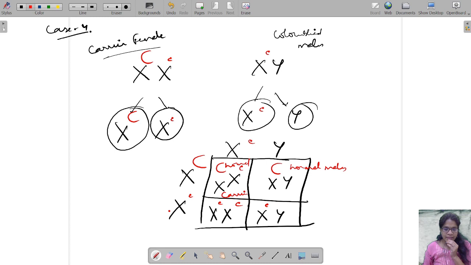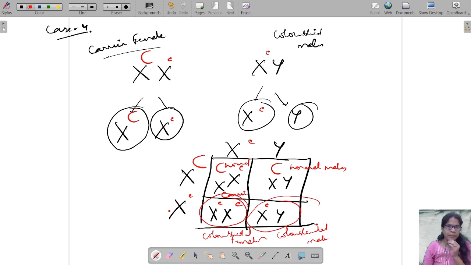Okay, and see here, they are completely color blinded. And here also the same condition, they are completely color blinded. So color blinded females and color blinded males.